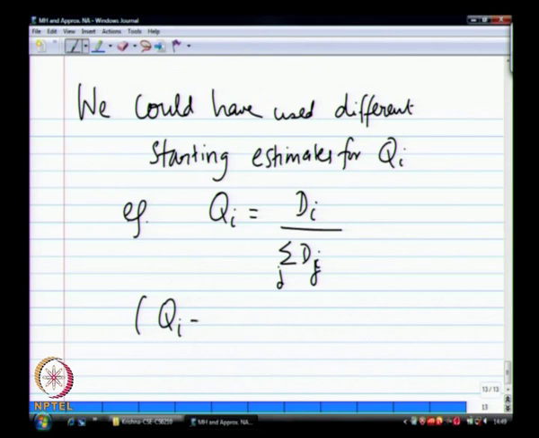So in this example, Q CPU would have been 2 by 6.